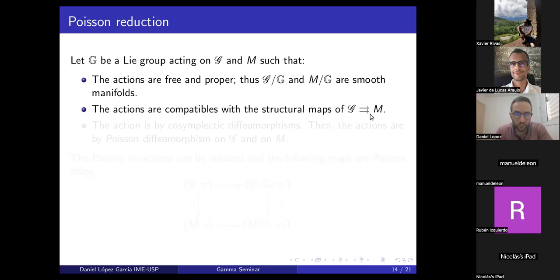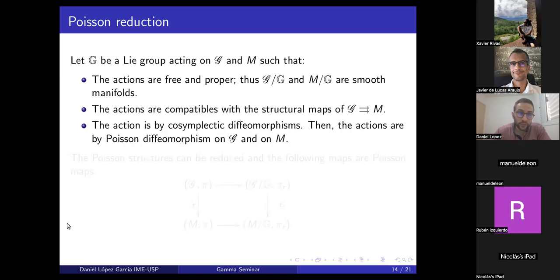Compatible here means, for example, that the source and target maps are equivariant, and so on. The idea of this compatibility is that when you consider the quotient, you again obtain a Lie groupoid structure.